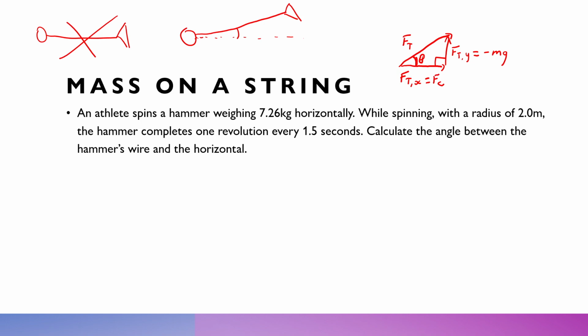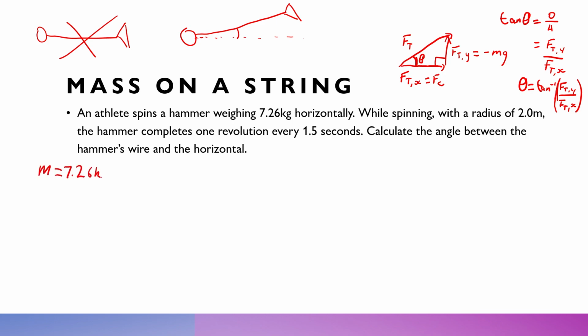If we have those two values, we should be able to calculate for theta using some right-angled trig. However, before we do that, we are going to have to calculate for both of those forces.